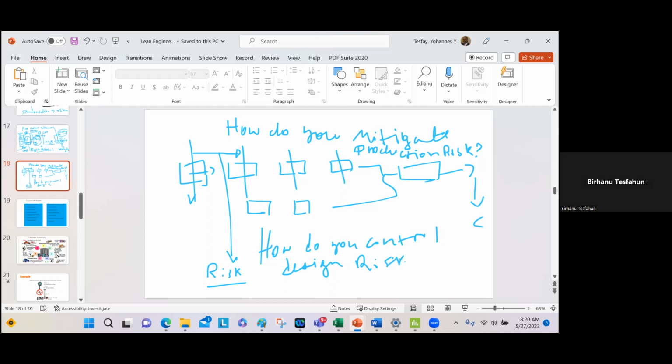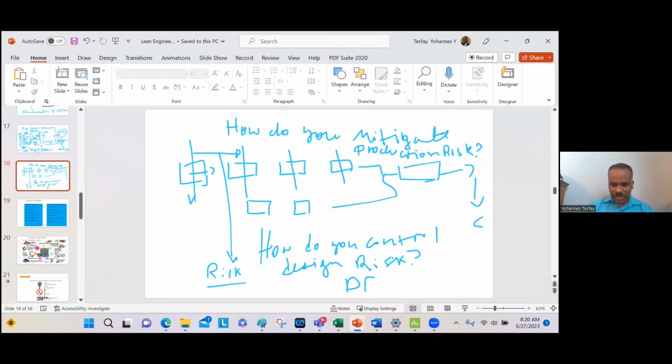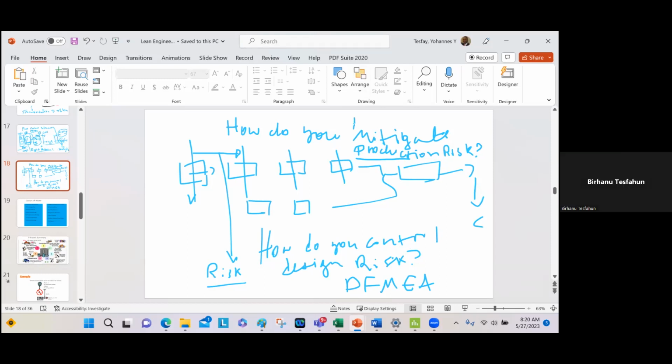DFMEA. Yes, we use DFMEA. DFMEA is a tool to control design risk, and what about production risk? It is PFMEA. Yes, PFMEA.